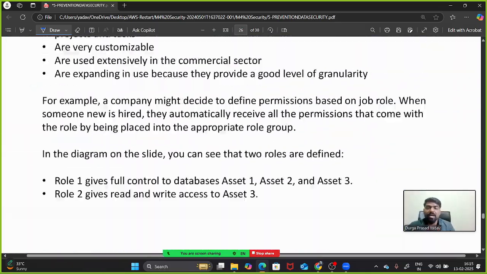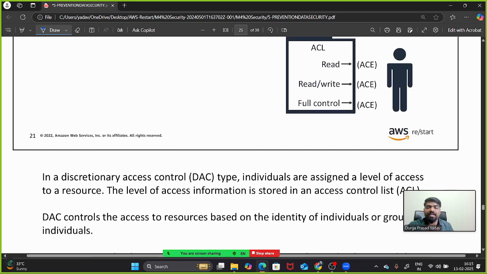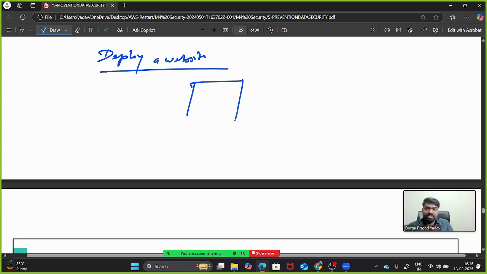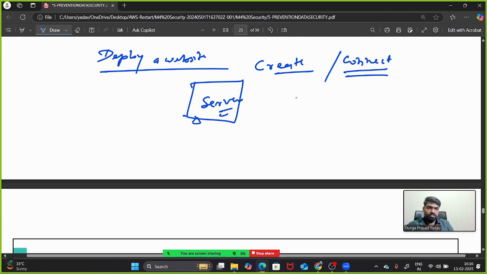So even by using the same concept, if I tell you, let's deploy a website. What will you do? You will create a machine as a server. Let's say this is your EC2 server. You will create the machine. I'm not saying you to connect to the machine. Are you getting my point? You create the machine.